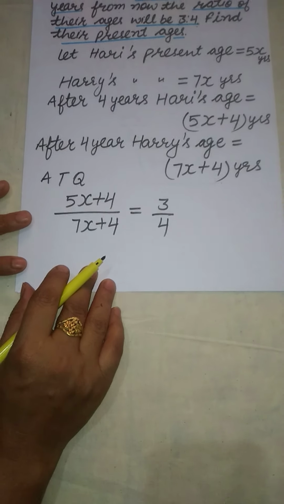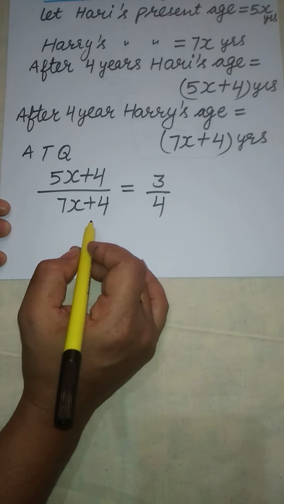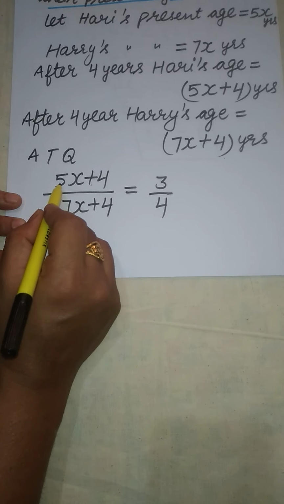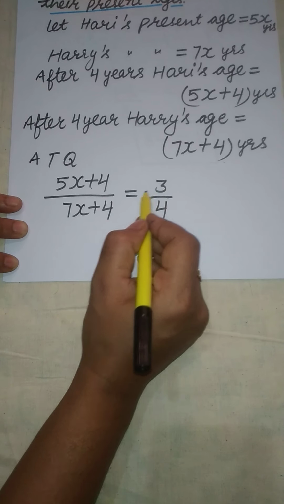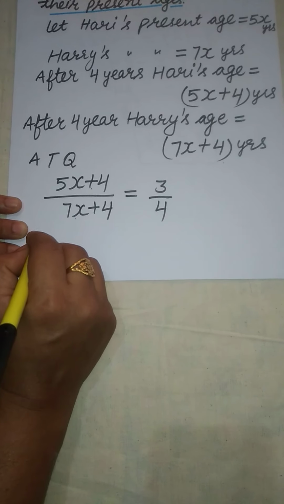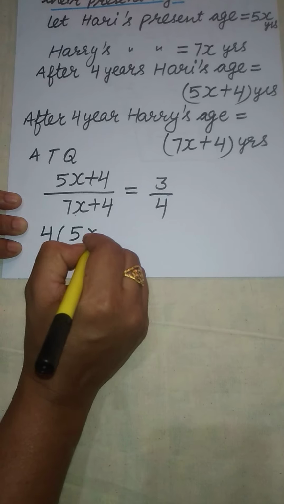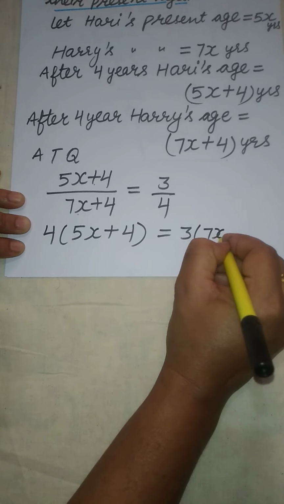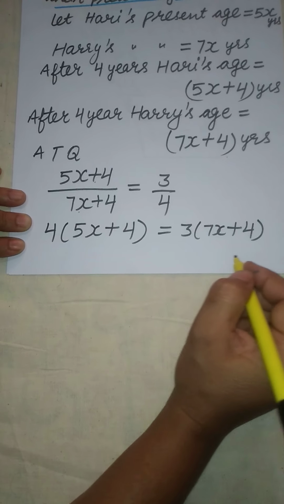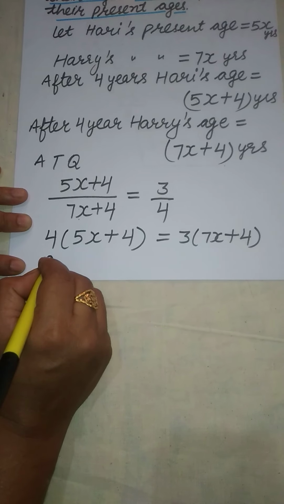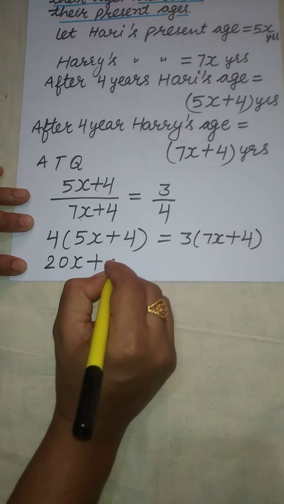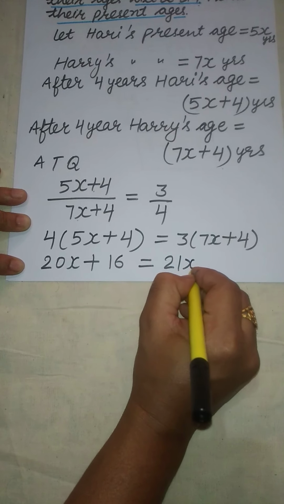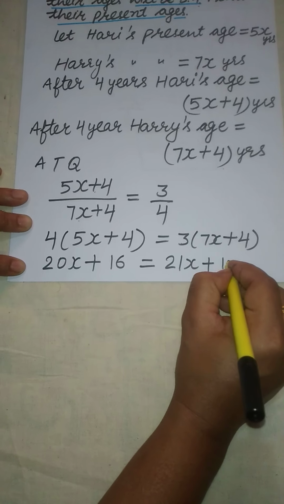We will solve this equation same as we did in the previous questions. 4 will be multiplied to 5x plus 4 and 3 will be multiplied to 7x plus 4. 4 into (5x plus 4) is equal to 3 into (7x plus 4). 4 multiplied by 5 is 20x plus 4 4s the 16. 3 sevens the 21x. 3 fours the 12.